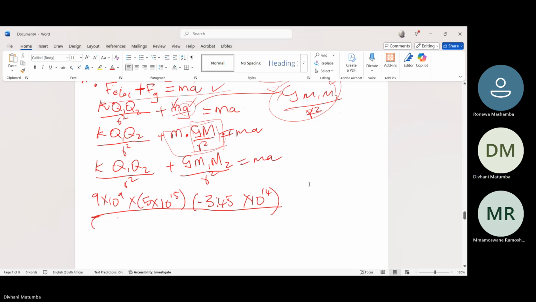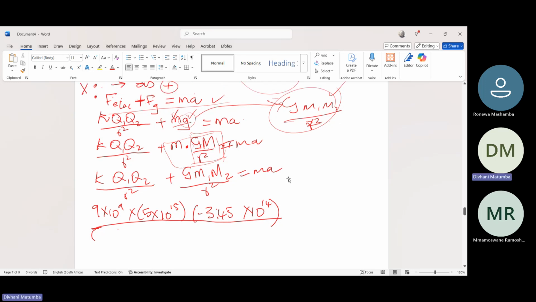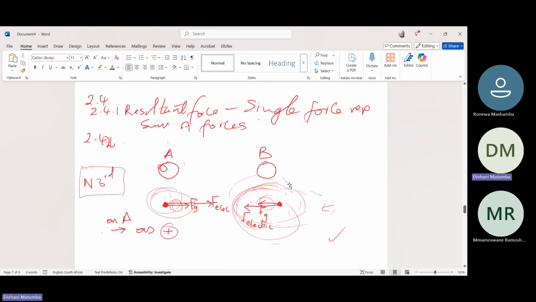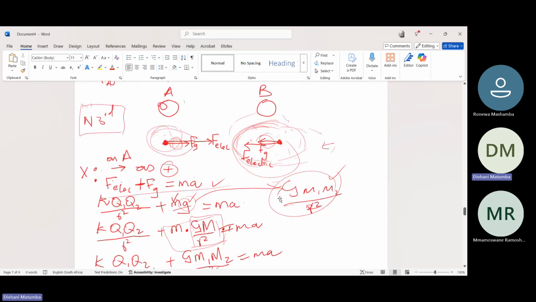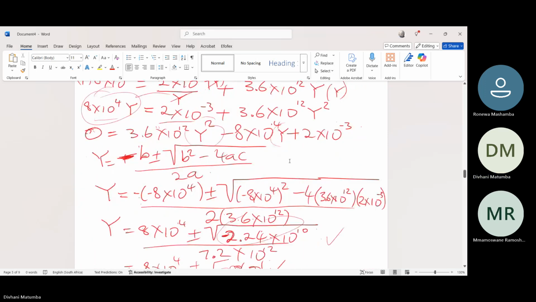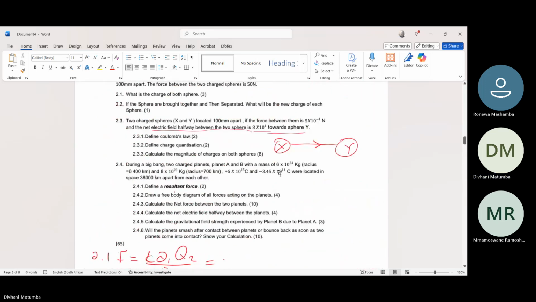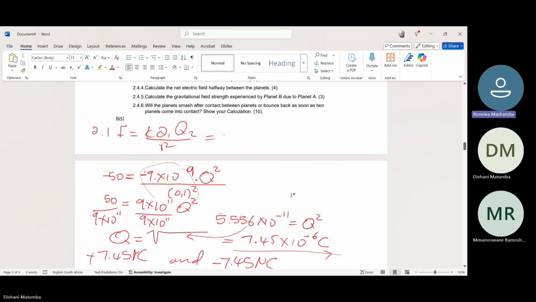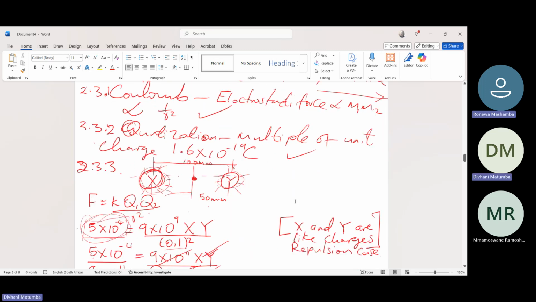If we go up, what will be the value of my r, the distance between the two planets? It will be 38?